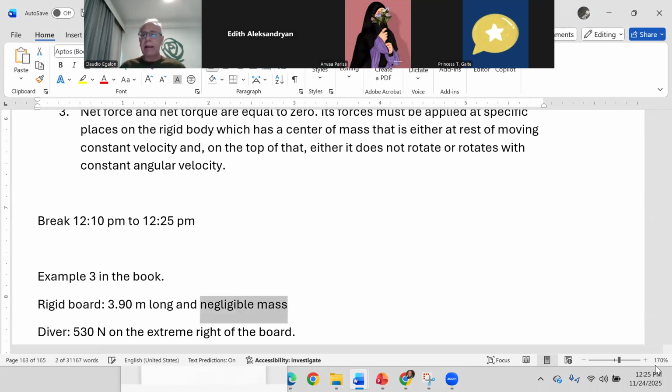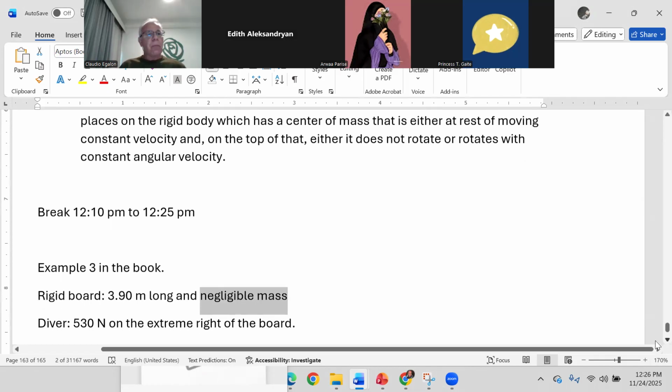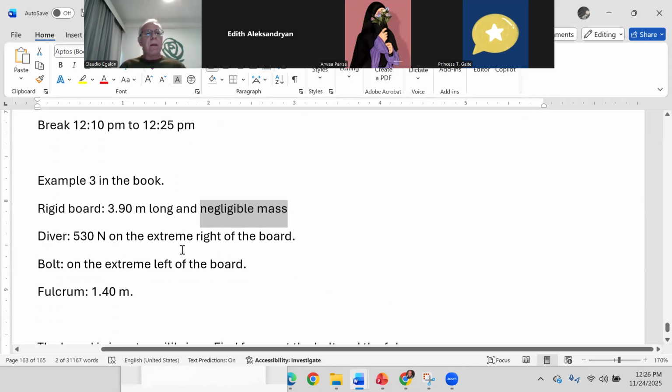You can neglect its mass. A diver has a weight of 530 newtons. He's on the extreme right of the board. There is a bolt on the extreme left of the board. There is also a fulcrum, 1.4 meters.